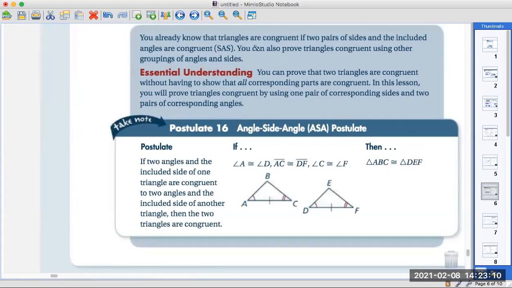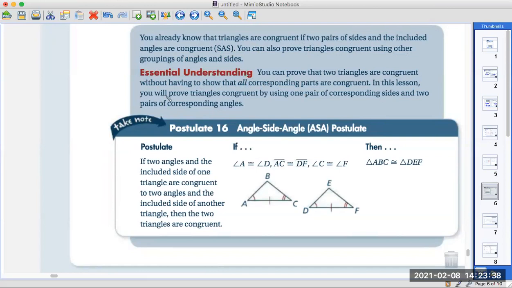You already know that triangles are congruent if two pairs of sides and the included angles are congruent. You can also prove triangles congruent using other groupings of angles and side. You can prove that two triangles are congruent without having to show that all corresponding parts are congruent. Again, you can show all three sides, all three angles, but we don't have to. We can use three parts only. Got to be the right three parts though.